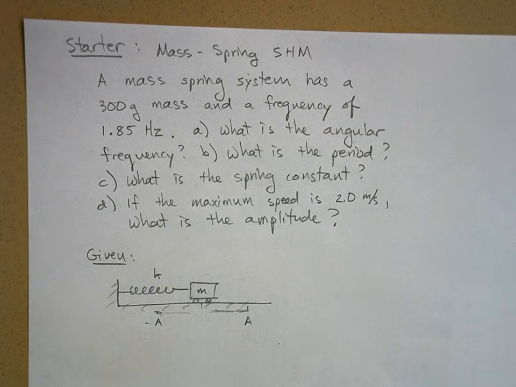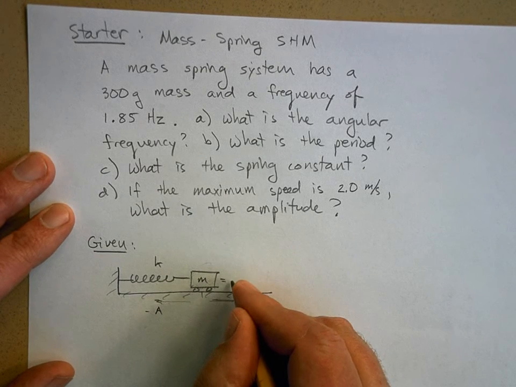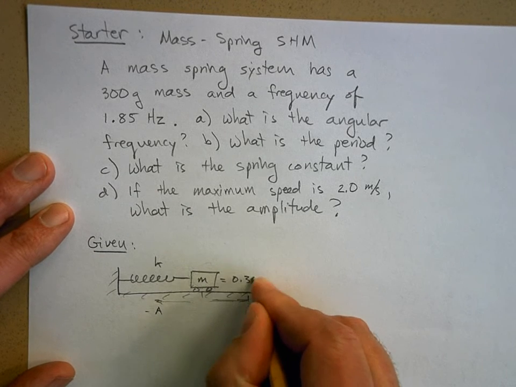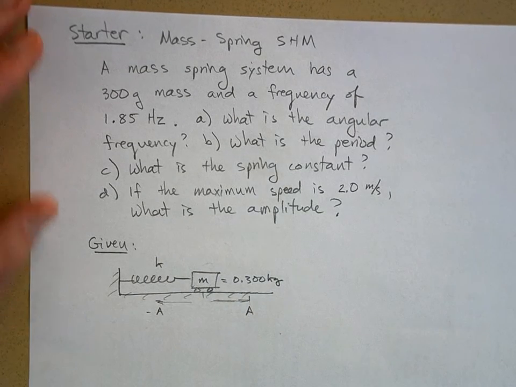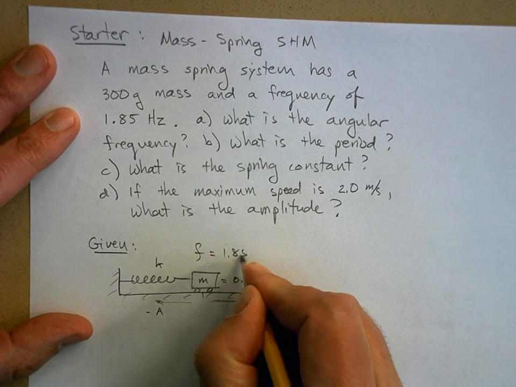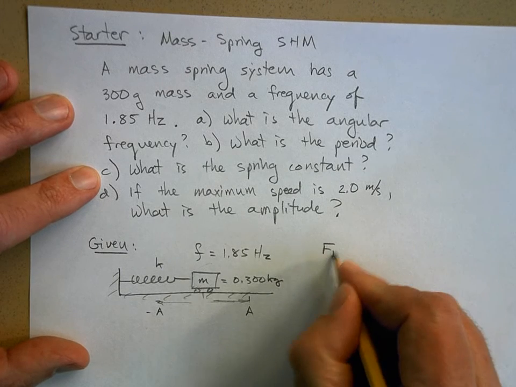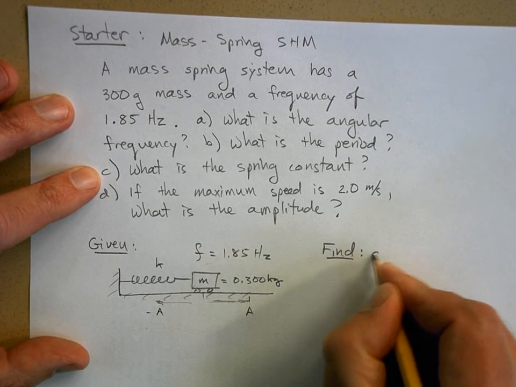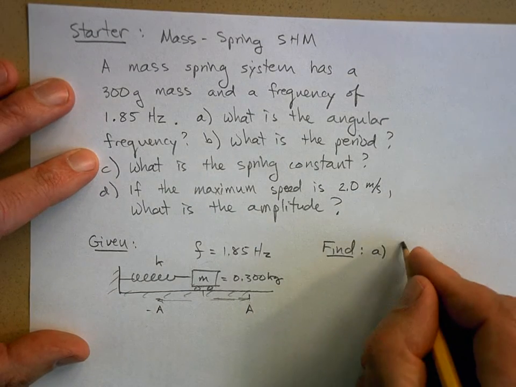So here's, I kind of wrote it up. So this mass is equal to 0.300 kilograms. I'm already trying to change everything. And the frequency is equal to 1.85 hertz. And then find. What are we trying to find? Well, for A, we want angular frequency.